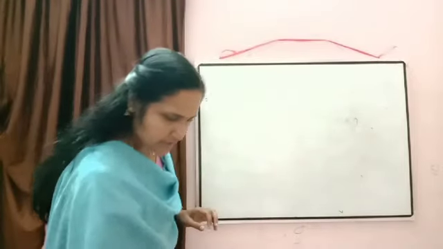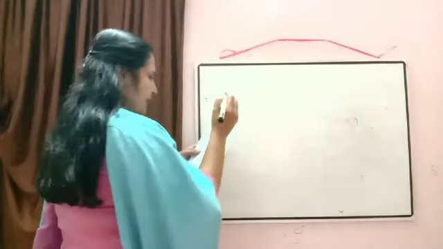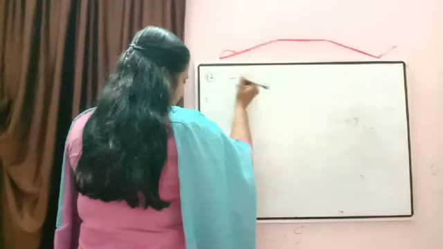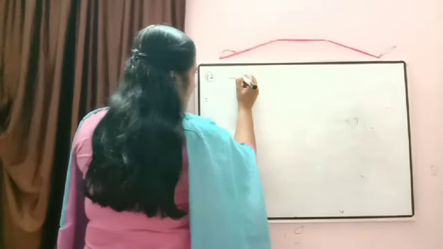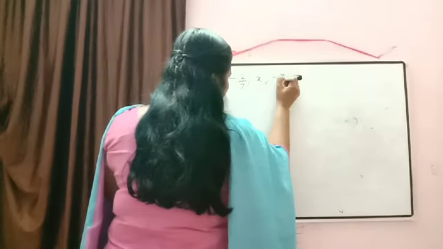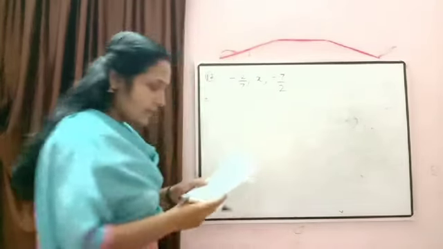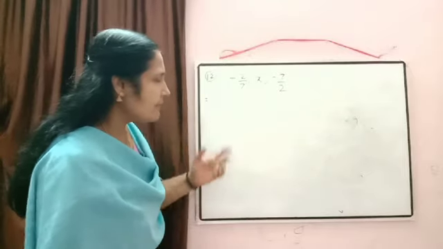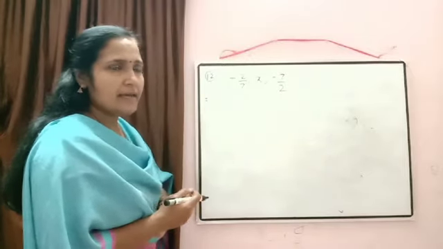Now the next question is, for what value of x are minus 2 by 7, x, minus 7 by 2 in GP? It is given these numbers are in GP.